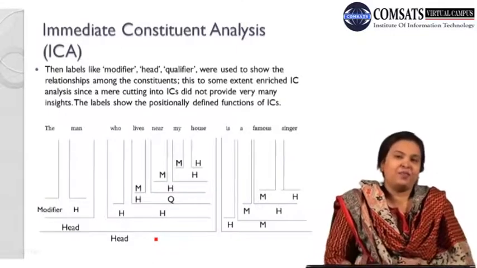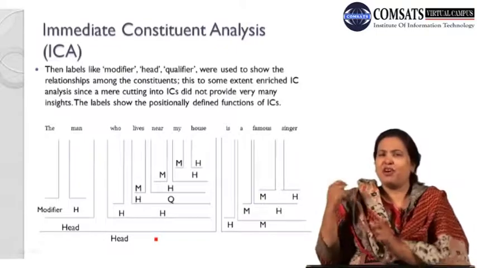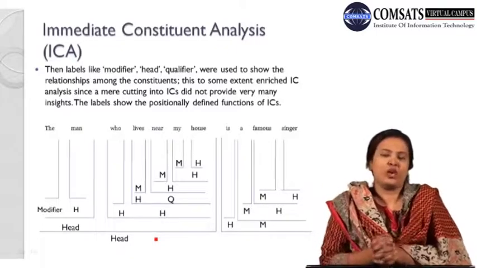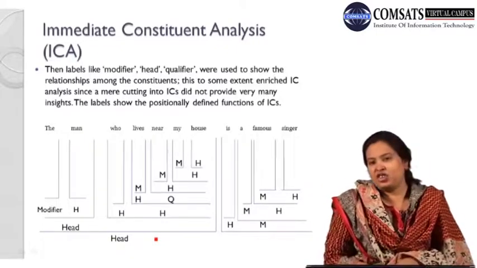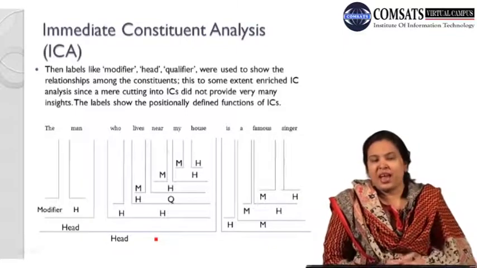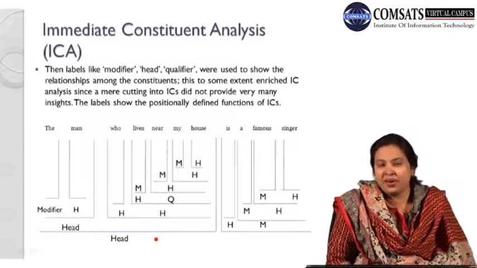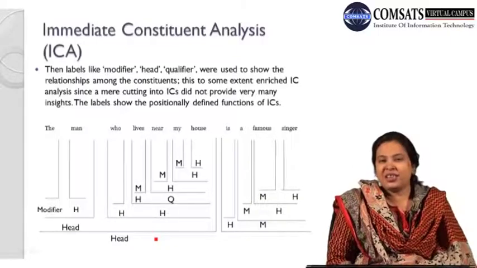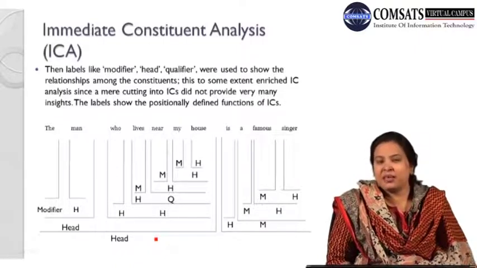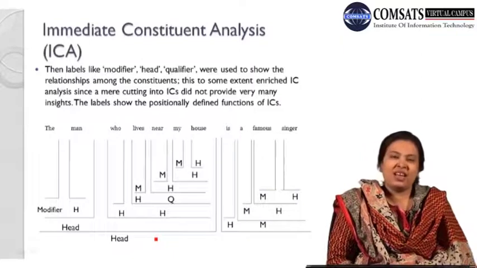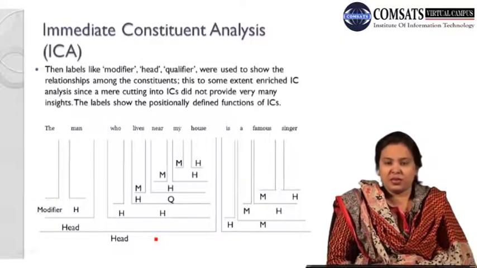Another interesting way, which seems a bit complicated but is a very interesting way to analyze the structures of sentences. Over here, usually, this is called labeled division. Labels like modifier, head, and qualifier are used to show the relationship among the constituents.